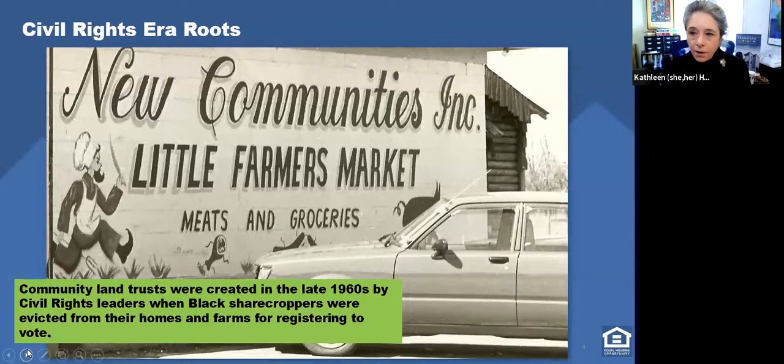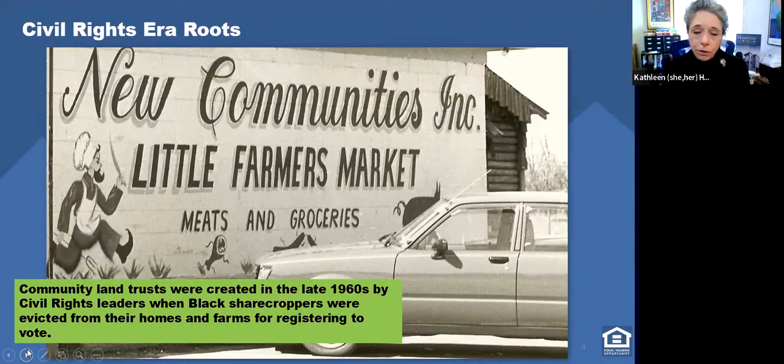New Communities was the very first community land trust, and it was formed in response to Black sharecroppers being thrown off their land for registering to vote. Student Nonviolent Coordinating Committee volunteers were active in the South at the time, engaging Black people to enroll to vote. And in Albany, Georgia, when that happened, there was this wholesale displacement of Black sharecroppers in retaliation for registering.